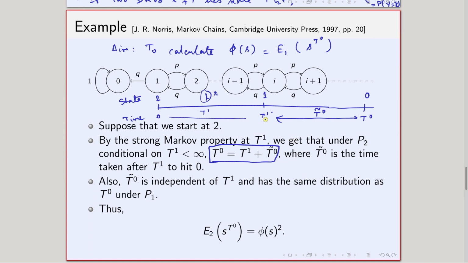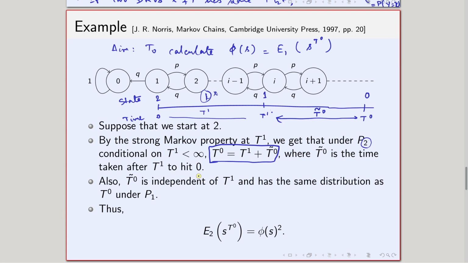And then what I can tell is that starting from state 2, the conditional distribution, conditioning on the fact that t1 is less than infinity, t0 can be written as t1 plus t0 tilde, where t0 tilde is the time taken by the chain to hit 0 after t1. Okay. t0 tilde is the time taken by the chain after t1 to hit 0.